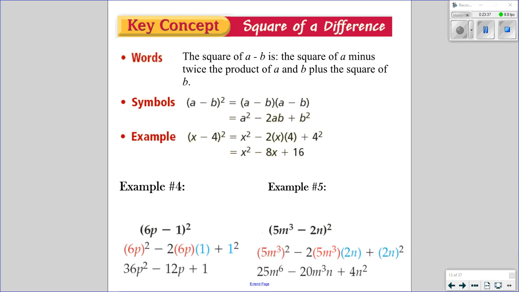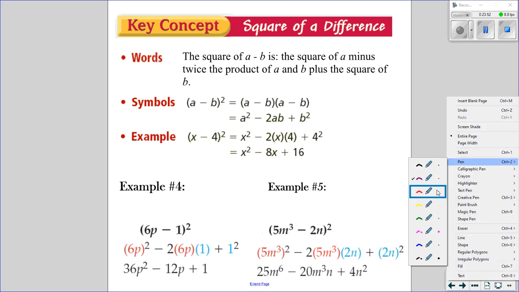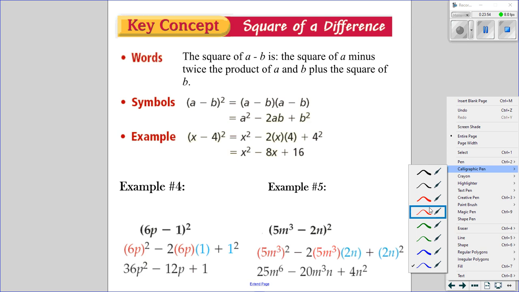So for the example below, they used that format, a squared minus 2ab plus b squared. Wherever there was an a, that was our 6p. And then wherever there's a b is our 1. And I'm going to just make it clear.